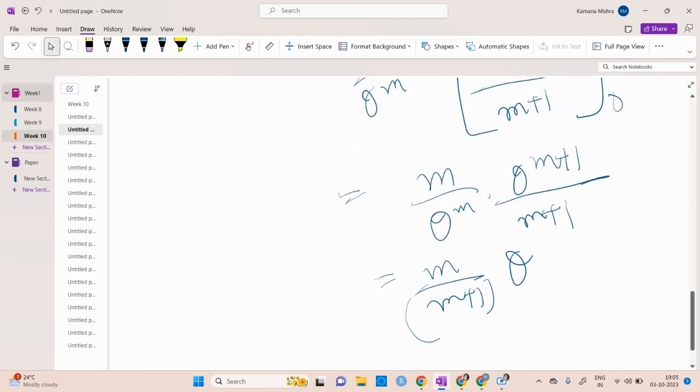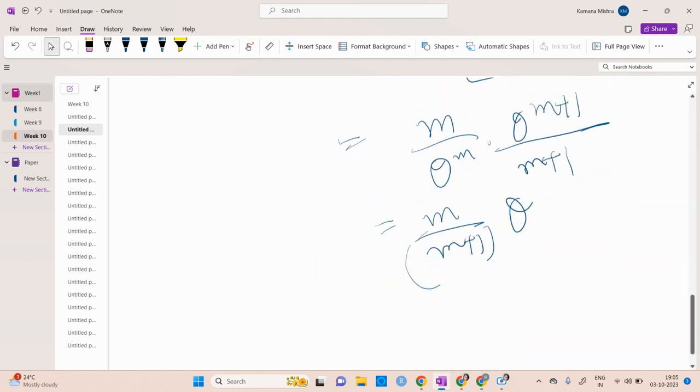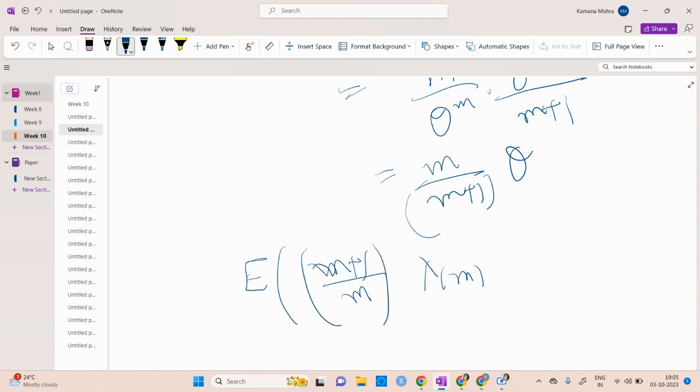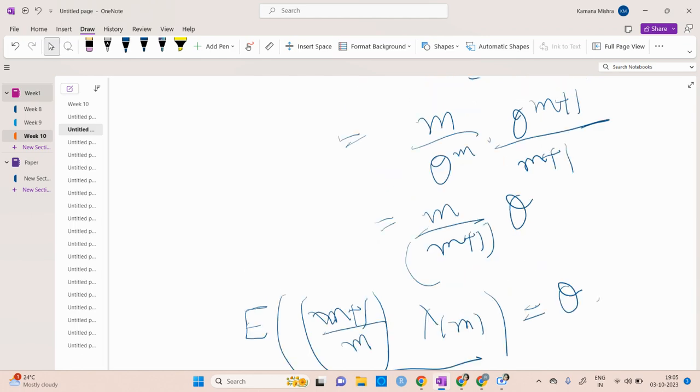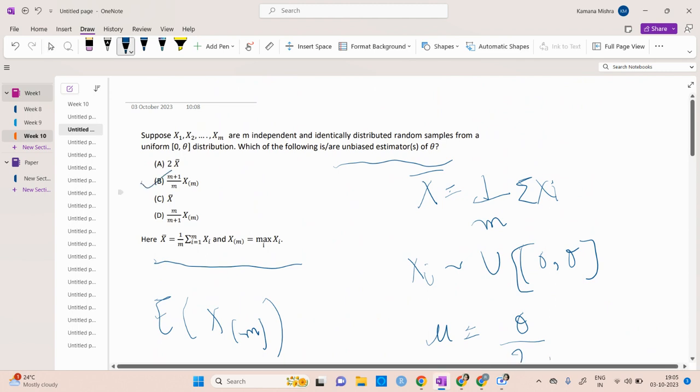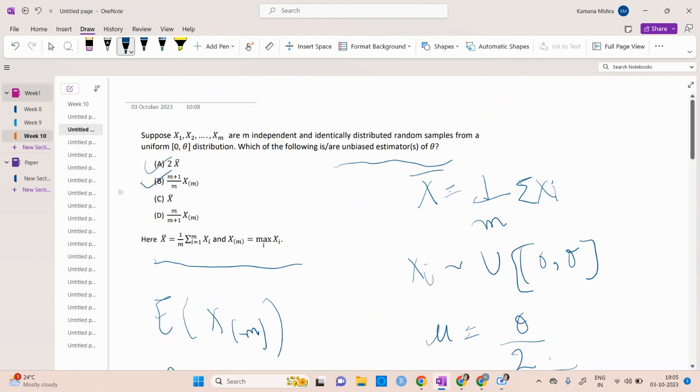So now we can say expectation of m plus 1 divided by m x m is equal to theta. So this is the unbiased estimator. So m plus 1 upon m.